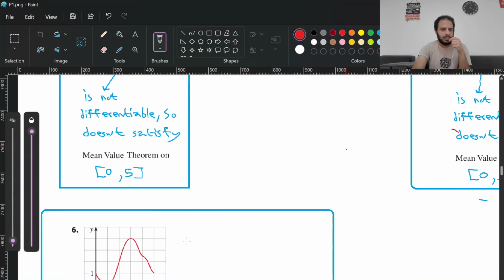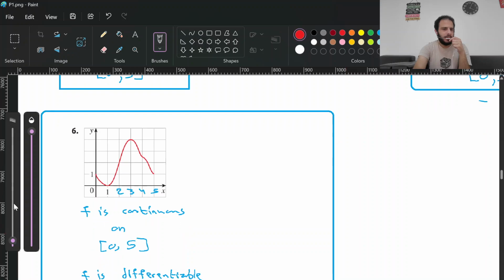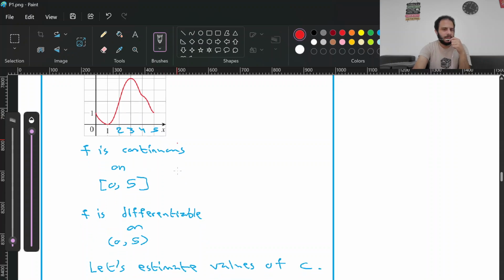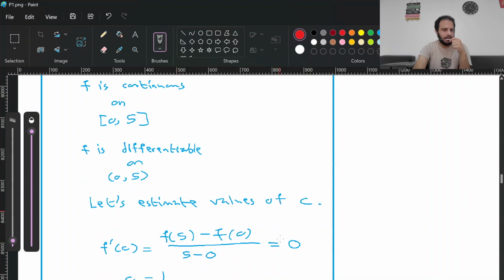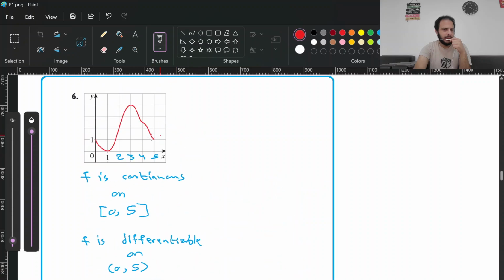Let's go down. Graph 6. Yes, it satisfies, right? Because it's continuous and differentiable. So it satisfies the theorem. Let's estimate the value of c. You get f prime of c. See here the values. F of 5 and f of 0. They are equal, right?